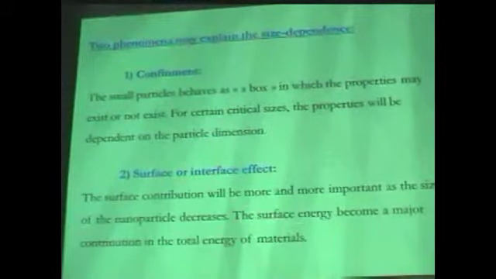So the surface energy will become a major contribution in the total energy of materials, and it is particularly true for nanoparticles of small size, especially lower than 10 nanometers.